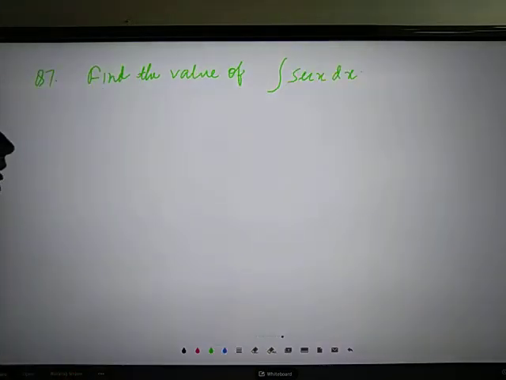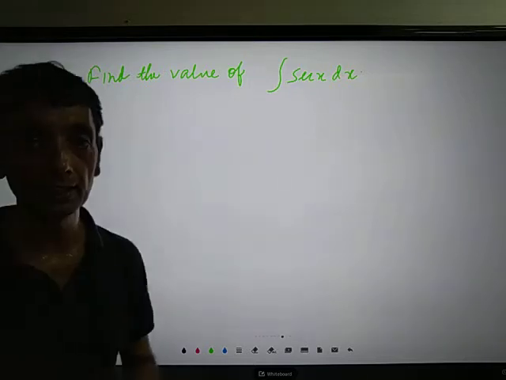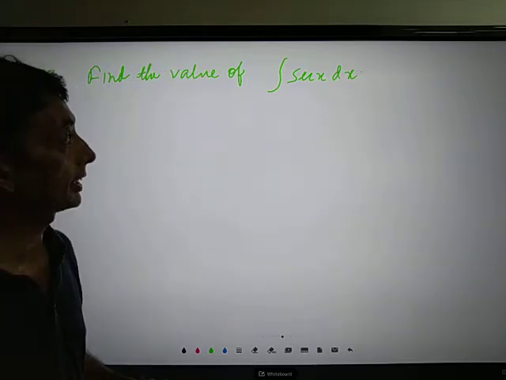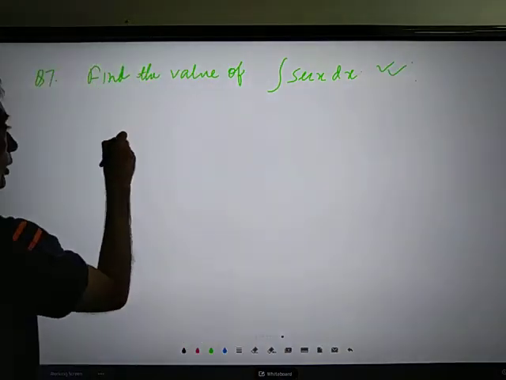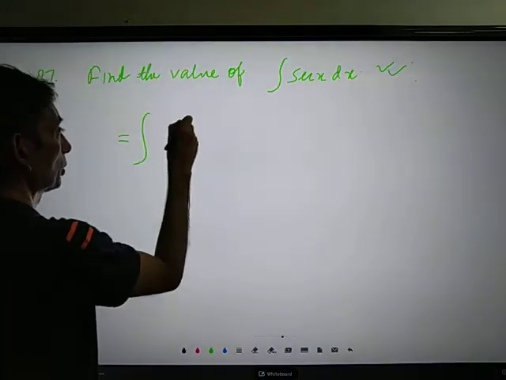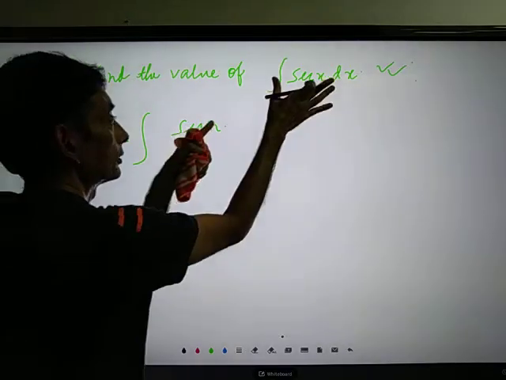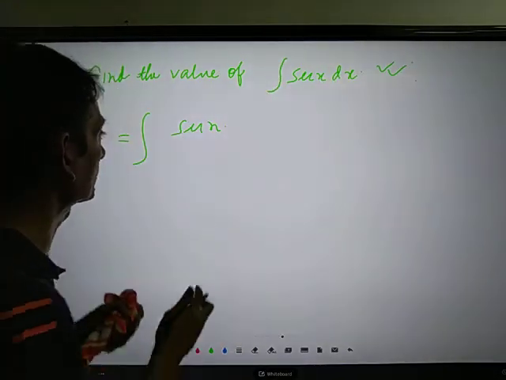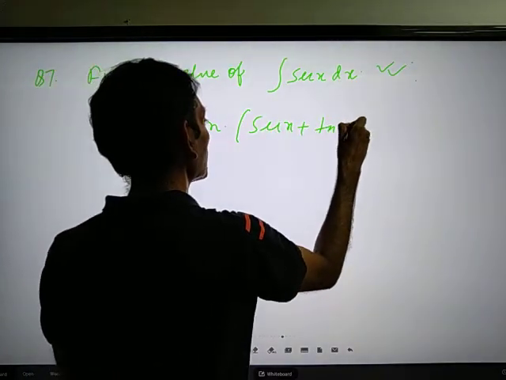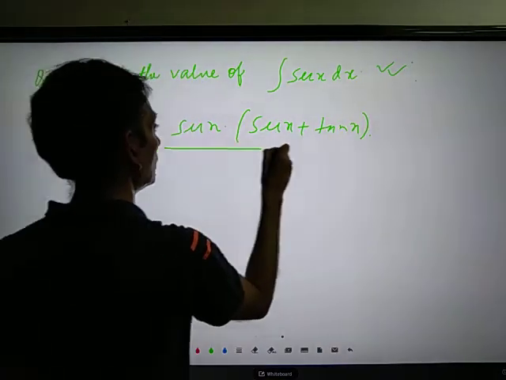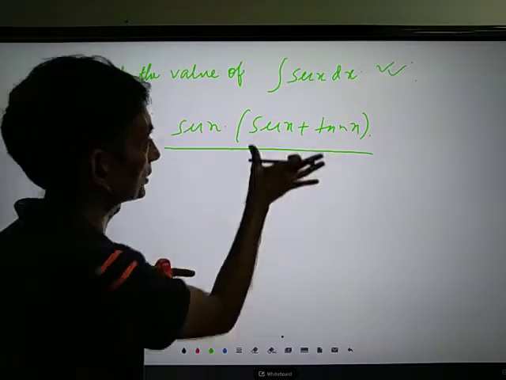Find the value of the integration of sec x dx. Sec x dx is a standard integral. How to integrate this? There are standard steps to be followed, because we do not have a direct formula for the integration of sec x. So what I am going to do is multiply the numerator and denominator by a very useful term, sec x plus tan x.